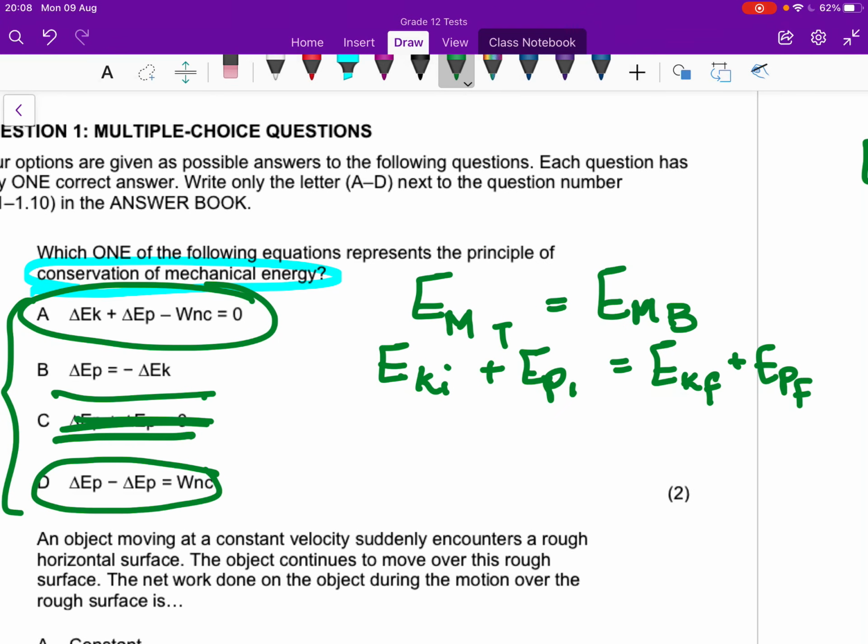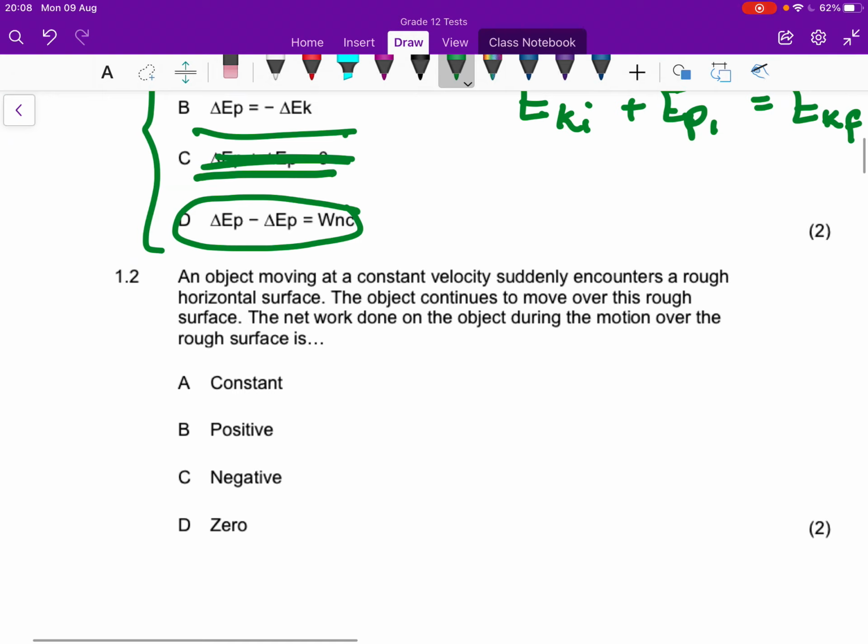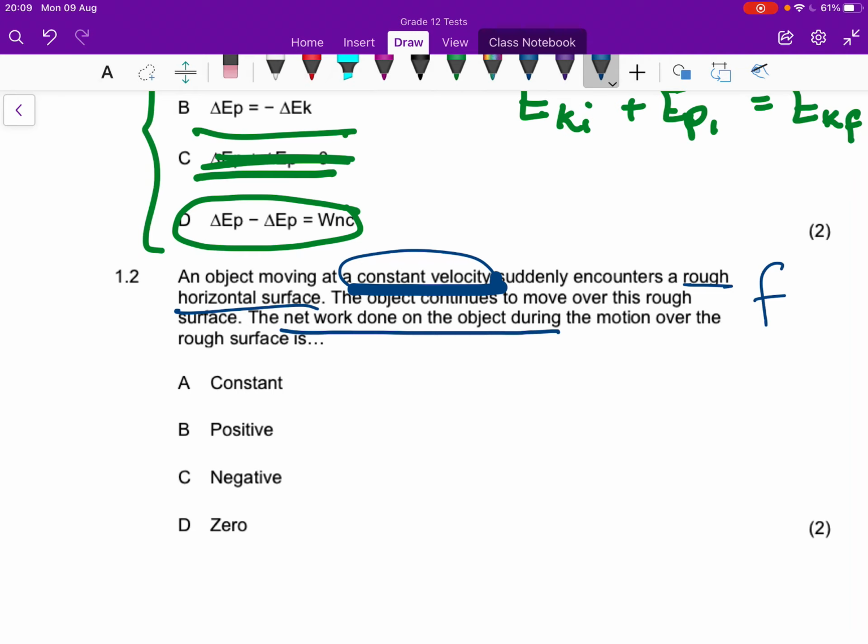Okay, right. Question 2. An object moving at constant velocity encounters a rough horizontal surface, friction. The object continues to move over this rough surface. The net work done on the object during the motion on the rough surface is. So in other words, now there's friction, so we're going to do work done by friction, which is always negative.